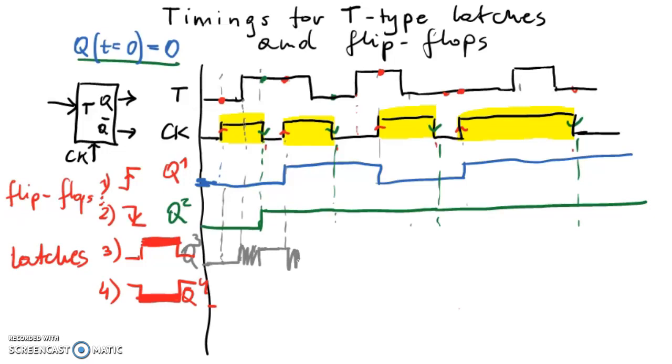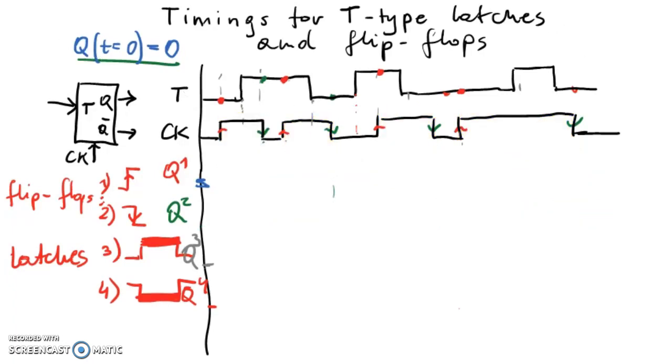So you will have the oscillations, and again you must make this arbitrary choice of what will be the static state on this edge, when T changes from 1 to 0.